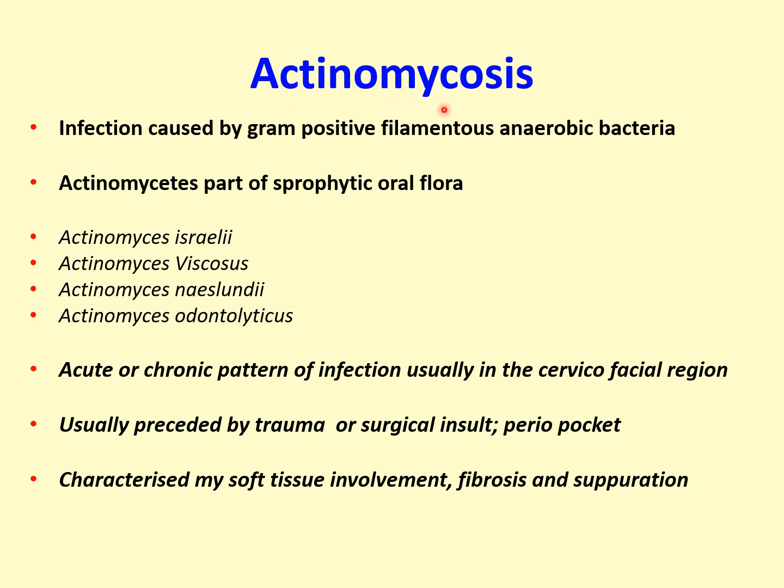But remember, it's a bacterial infection, and actinomycetes are part of saprophytic oral flora, and the infection can be caused by a variety of types of actinomycetes, including Israelii, Viscosus, Naeslundii, and Odontolyticus. It may follow an acute or chronic pattern of infection, usually in the cervicofacial region, but may also involve the thorax or the abdomen.